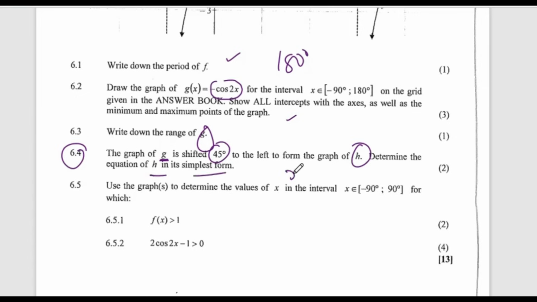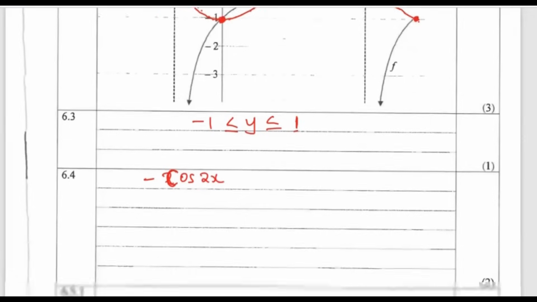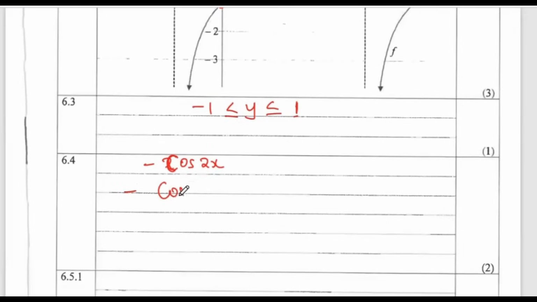So when you shift something 45 to the left, it must be represented with a plus sign in that format. So where there is x, remember it was negative cos 2x, I'm going to represent it with that shift. So x plus 45. I'll open that up. I'll have 2x plus 90.